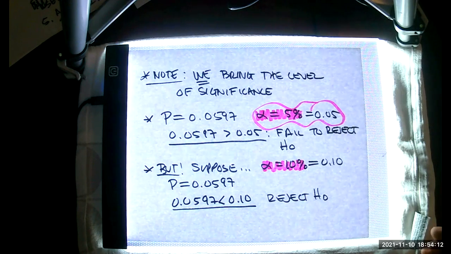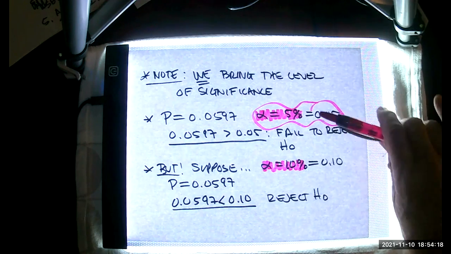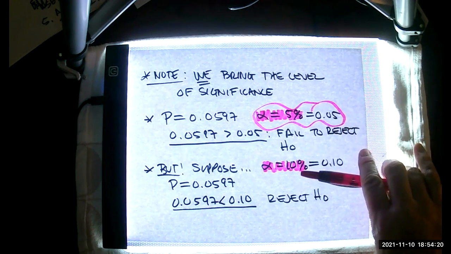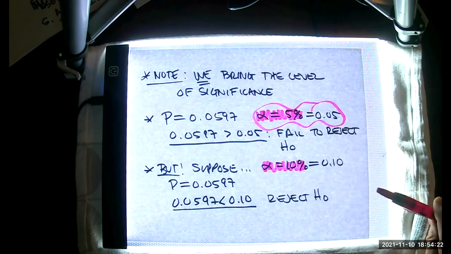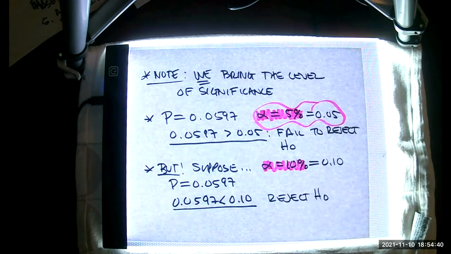Remember, alpha is the bar for rejecting a true null hypothesis. So when we go from 5% to 10% on the alpha, we essentially make it easier to reject the null hypothesis. In the court case analogy, that would be easier to convict an innocent person. So there's that. That's really important, and I want you to remember that.